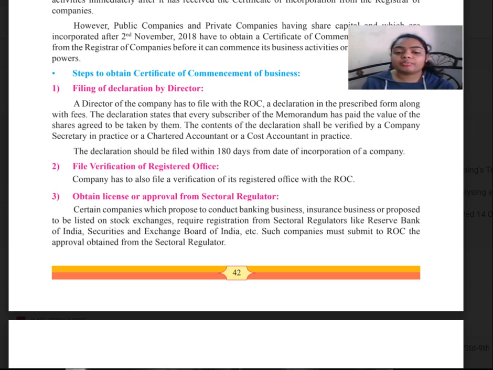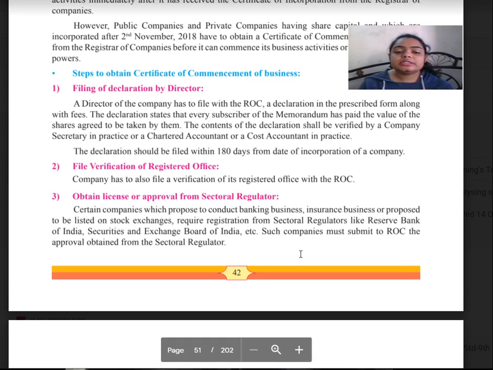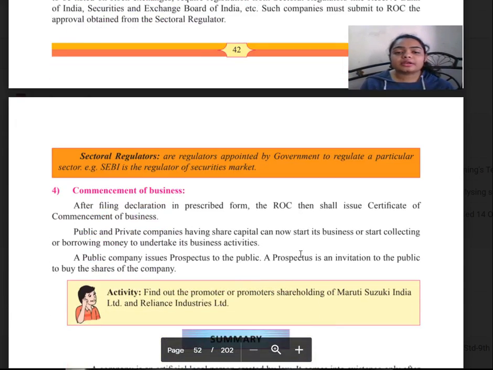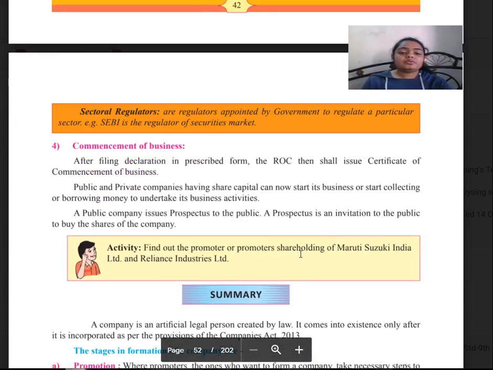So this is the third step, obtaining license or approval from the regulator. Now, who is a sectoral regulator? Regulators are appointed by the government to regulate a particular sector. Example: SEBI is the regulator of the securities market.